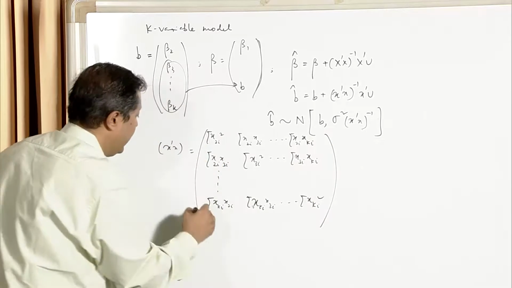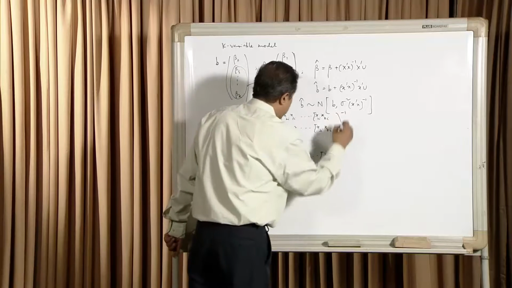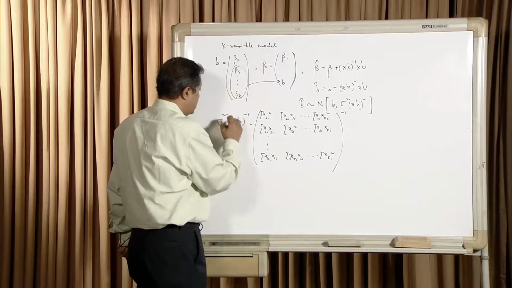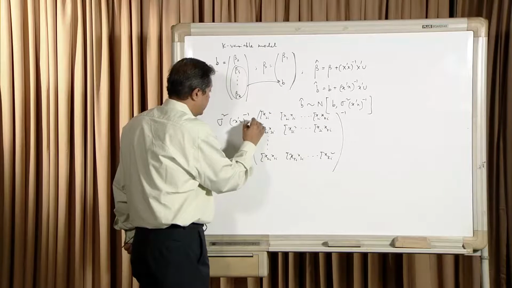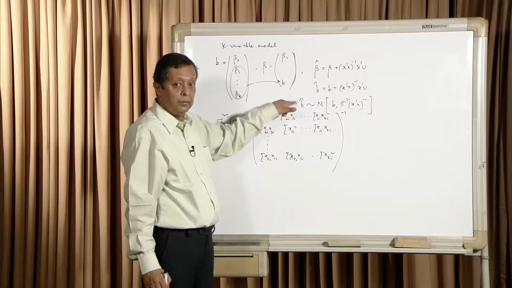So, that is going to be x prime x, and the inverse of this, put an inverse sign, put sigma square, that basically gives us the variance covariance matrix of this vector.